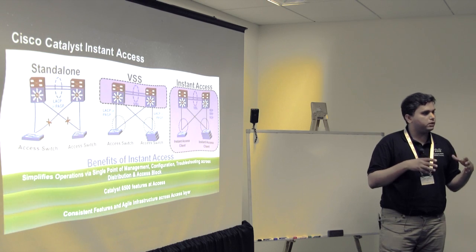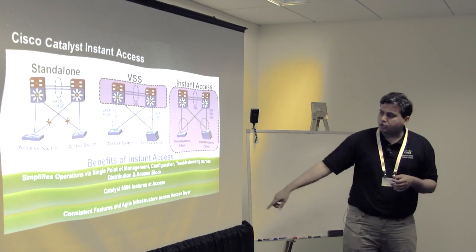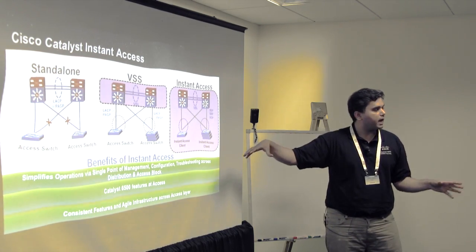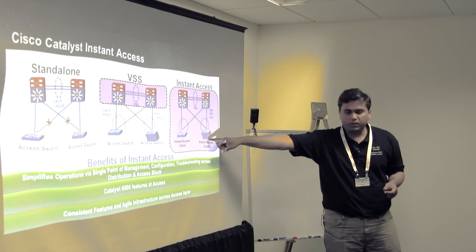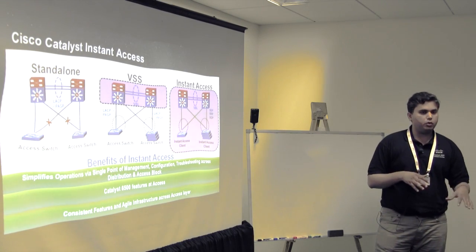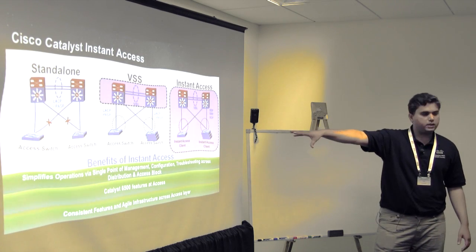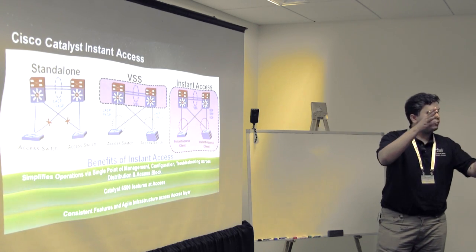So all of those features, even advanced features like MPLS, can now be used. If you're, let's say, deploying a routed access network, you could deploy VRFs right here in the access switches themselves. I actually have a demo where I've configured VRFs directly on the access ports of these Instant Access clients, and I'm doing traffic forwarding within the VRF, and I'll show you that demo later on.